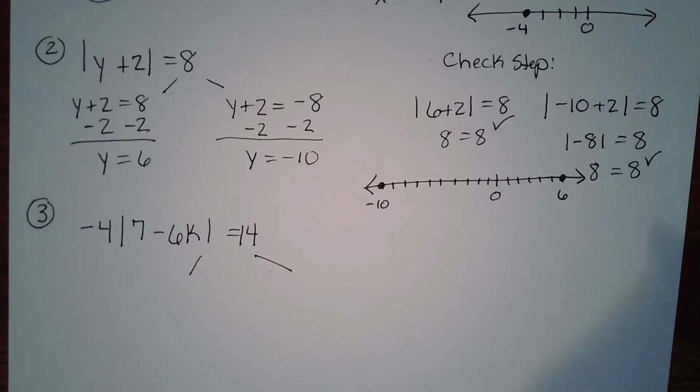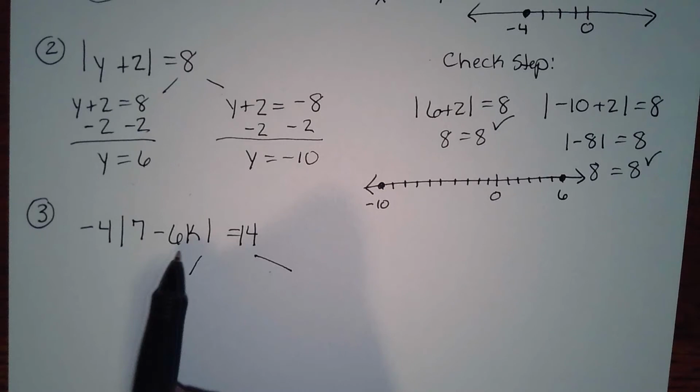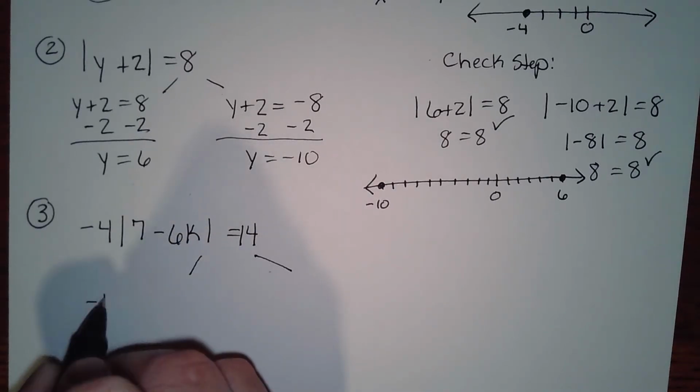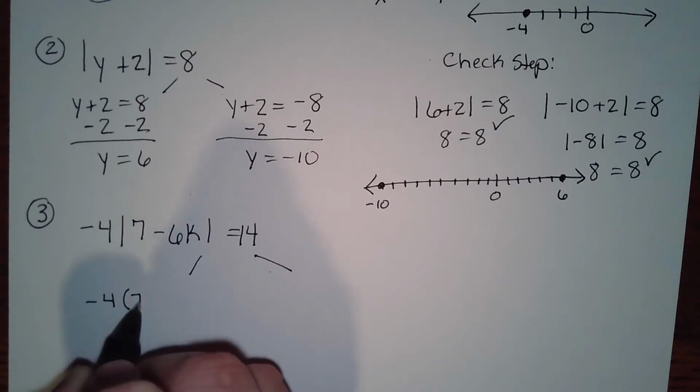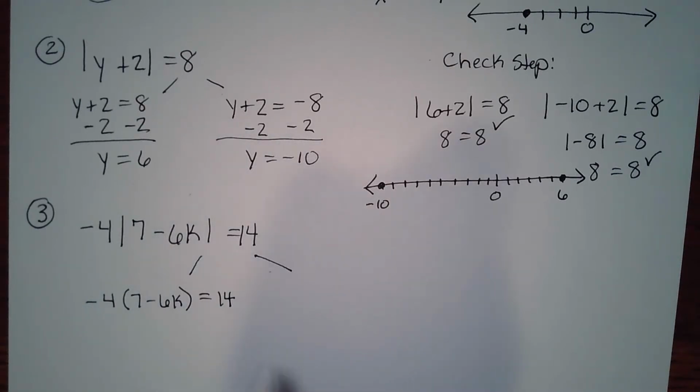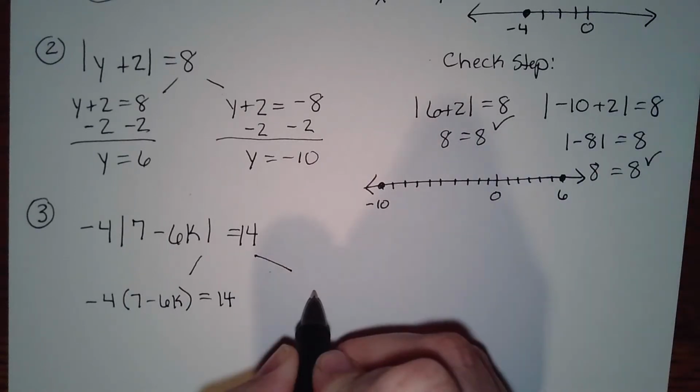Okay, I told you how to isolate the absolute value, which we do. So let's take and do this. This is going to become negative 4 parentheses 7 minus 6k equals positive 14. So there's the positive side. Over here, do the same thing, only it's going to have a negative 14.